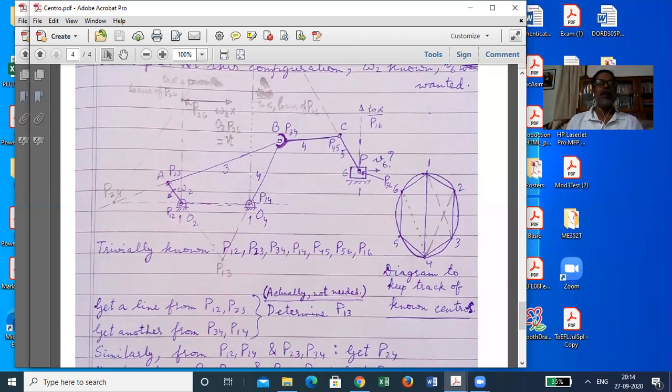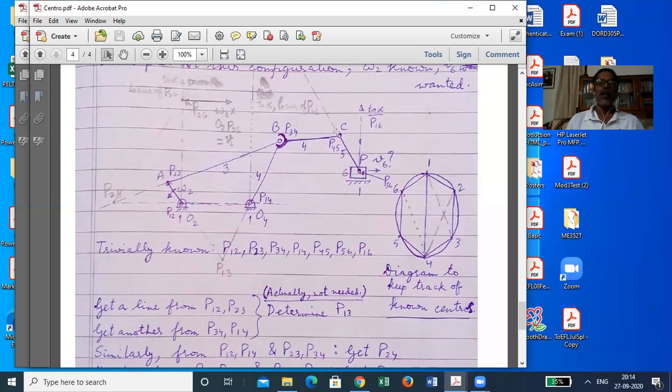So P14 and P16 at infinite distance, so somewhere along this, P46 will be. Okay. And for another point on P46, you see P45 and P56, this point.